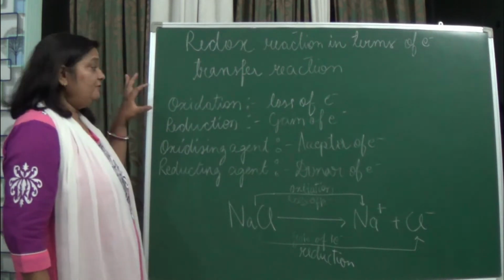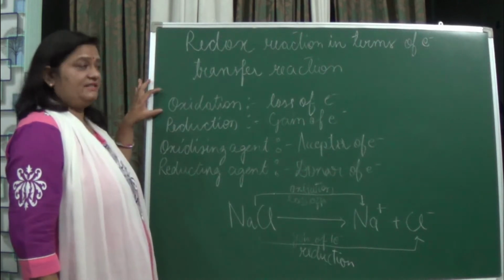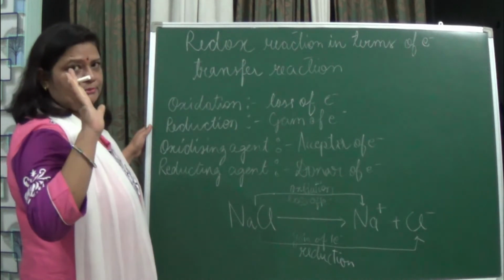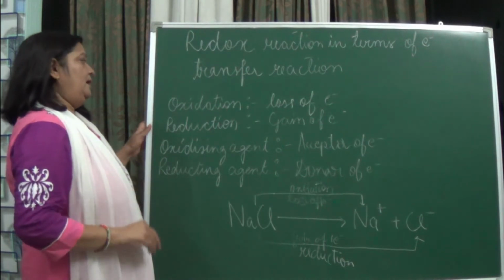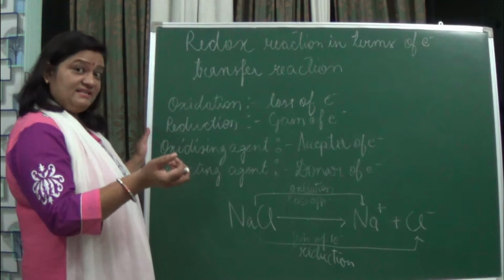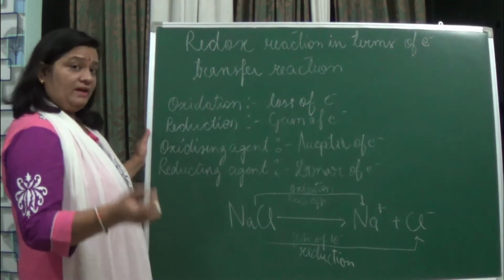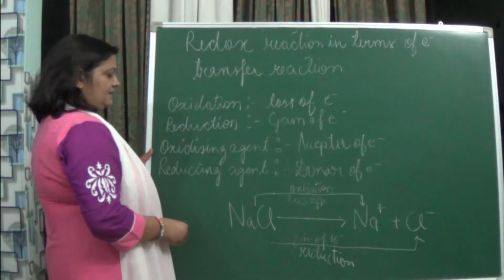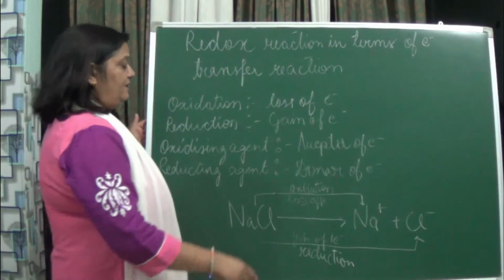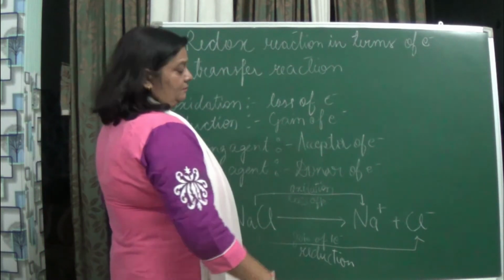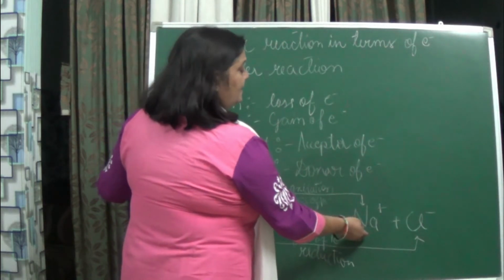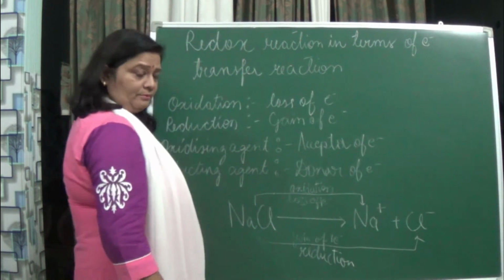If we say oxidation has taken place, it means there is a loss of electrons. If we say reduction has taken place, it means there is a gain of electrons. For example, suppose this is NaCl. When it is dissolved in water, Na plus and Cl minus ions are formed.